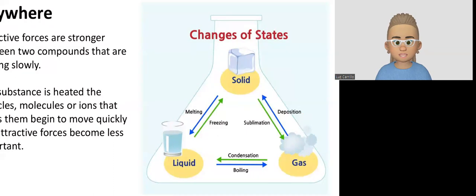Now, let's see how these processes can be changed overall from solid to gas to liquid back to solid. If a solid changes to a gas, that process is called sublimation. If a gas changes to a liquid, that is known as condensation. If a liquid is changing to a solid, that is called freezing.